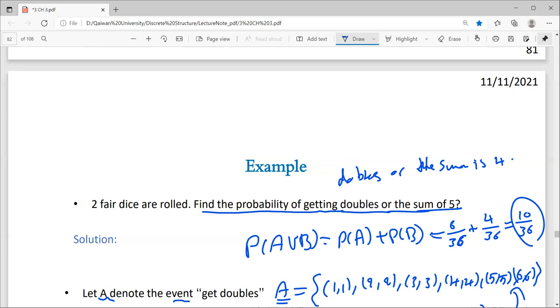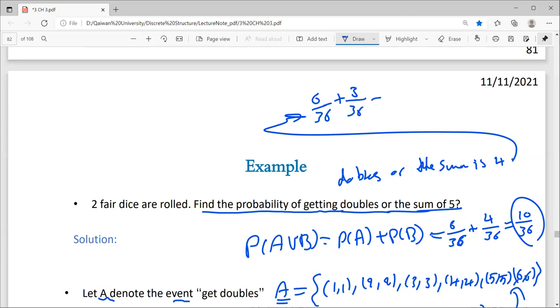That means it equals probability of doubles, 6 over 36, plus probability of the sum being 4, 3 over 36, minus probability of their intersection. You have only one element in their intersection, 1 over 36, which gives 8 over 36, and that equals 2 over 9. The result is 2 over 9.